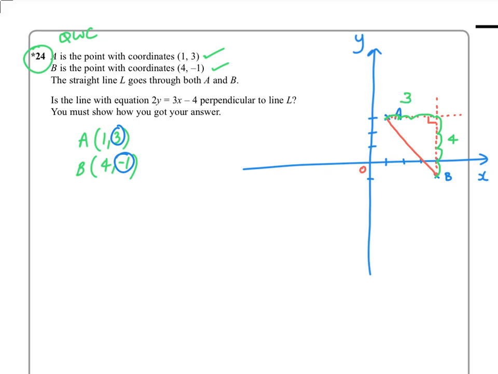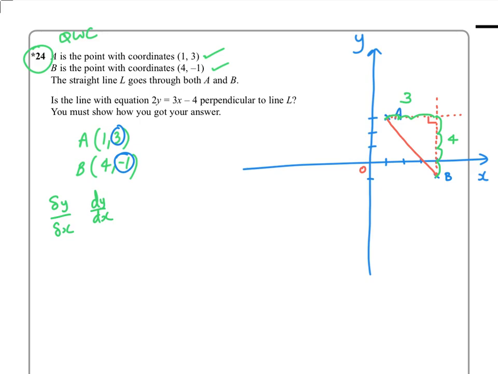So when you're looking at the gradient, it's always the change in y over the change in x, and I don't know whether any of you have seen delta y over delta x or dy dx as being the gradient. If you haven't seen that, then you're going to have to put a bit more practice into finding the gradients of straight lines.